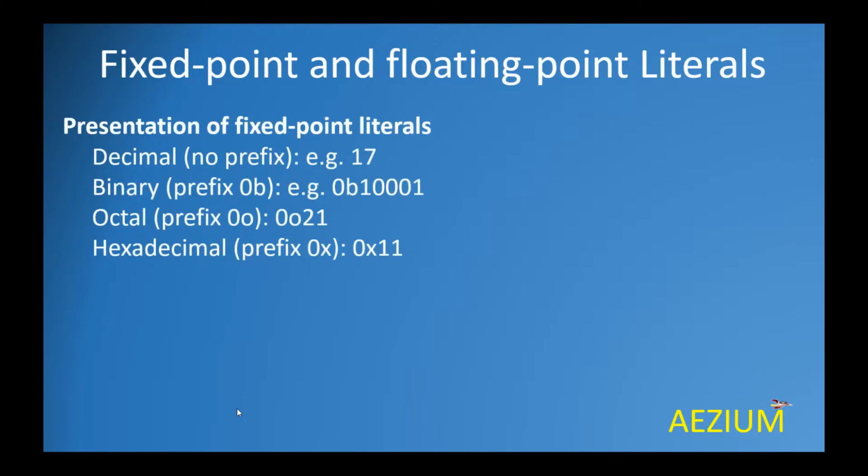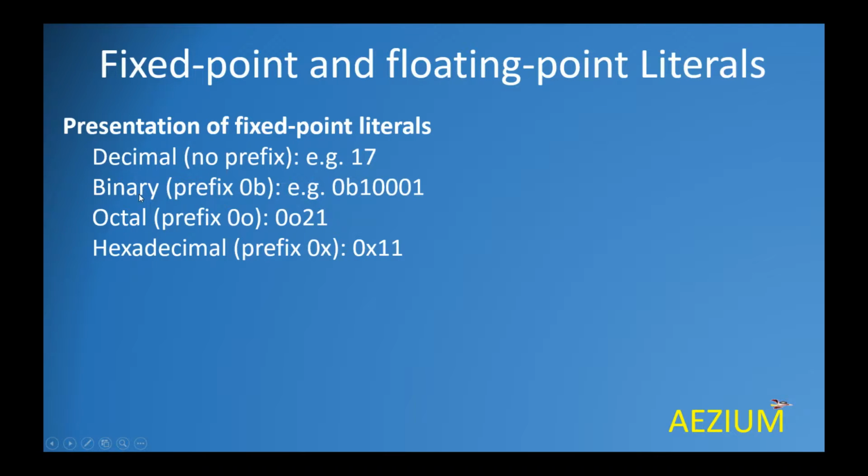In terms of fixed point literals or integer literals, there are a number of different representations that we can use: decimal, binary, octal, hexadecimal. If we are typing in an integer literal of value 17 as a decimal number, we just type it in a familiar way.